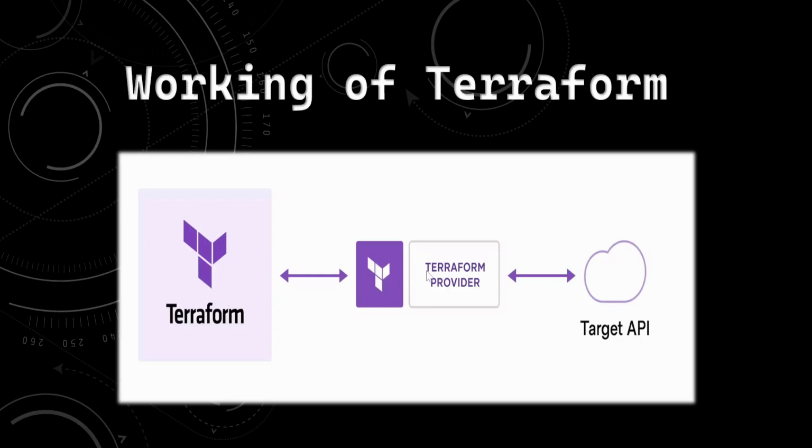It will connect to the Terraform provider, and the Terraform provider will connect to the target API, right? Target API means target API in the cloud, in which cloud we are trying to create the resources. Fine. So in this way, the communication will be created and the infrastructure will be spun up in the cloud.